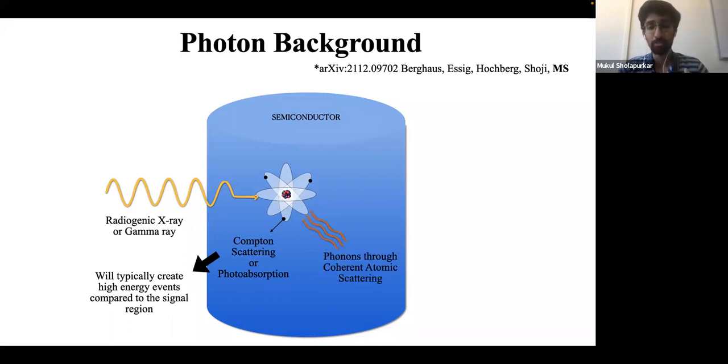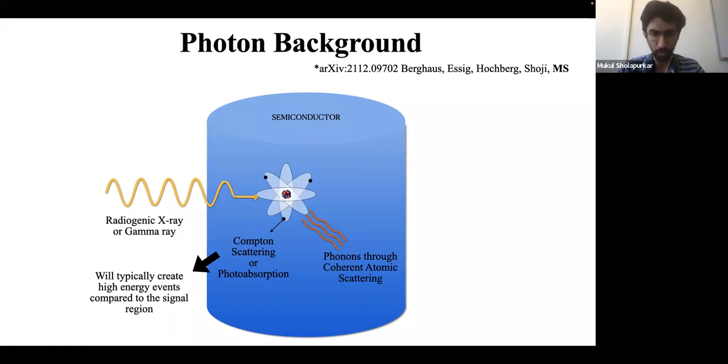However, sometimes these photons can give the atoms or the nuclei a small kick through coherent atomic scattering, which is a very standard, well-known process. And if you give a small kick to the nucleus such that the nucleus is not completely dislocated from its potential in a semiconductor, then this small kick will eventually lead to a collective excitation in the semiconductor, or in other words, phonons.